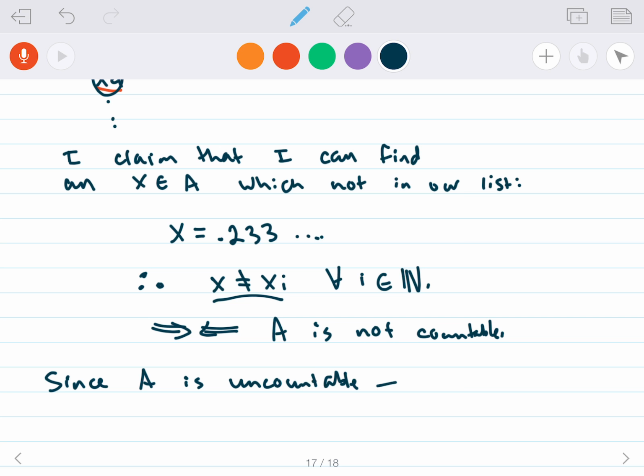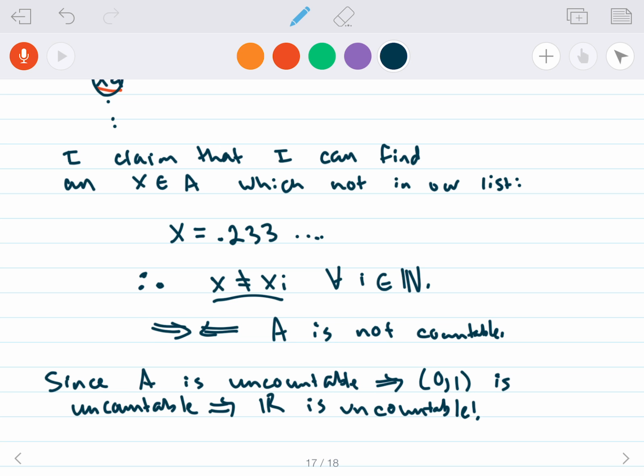This implies that the bigger set that it's sitting in, (0, 1), is uncountable. And we've already shown that the cardinality of (0, 1) is equal to the cardinality of R. So this implies that R is uncountable. And this is also crazy.